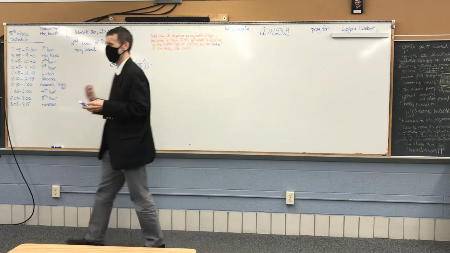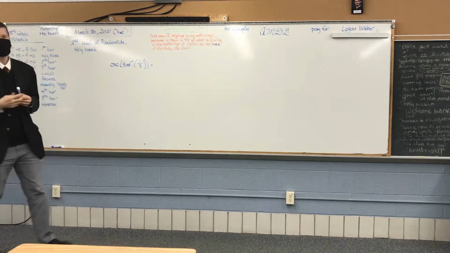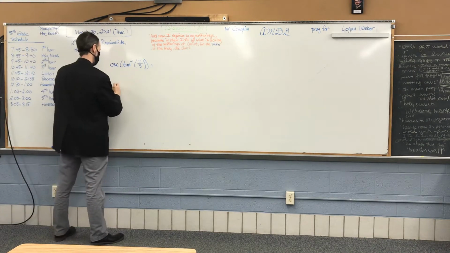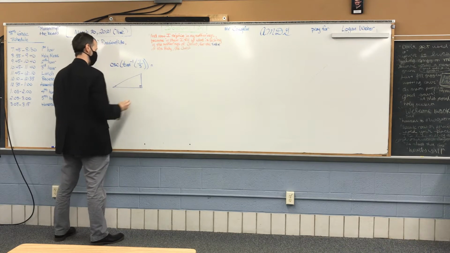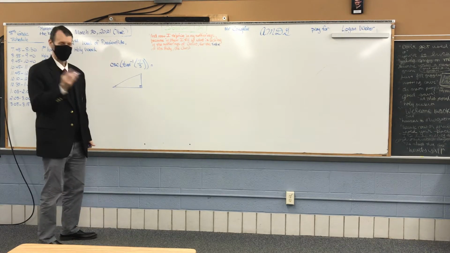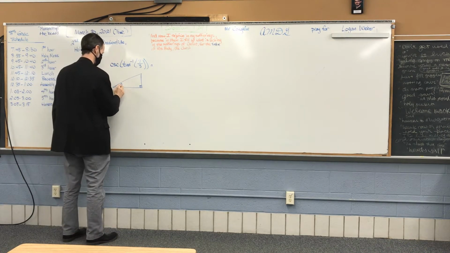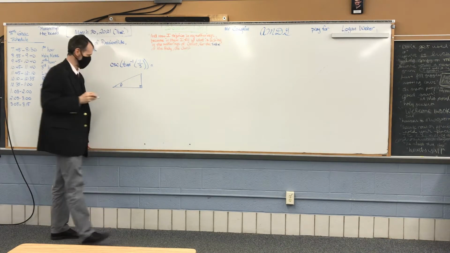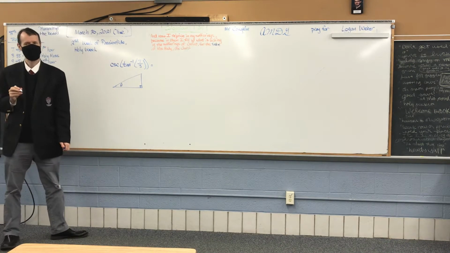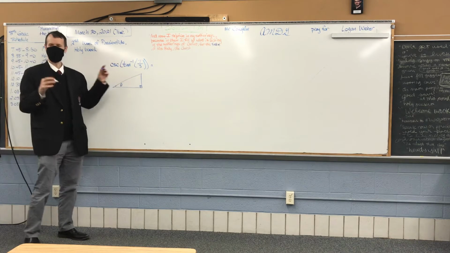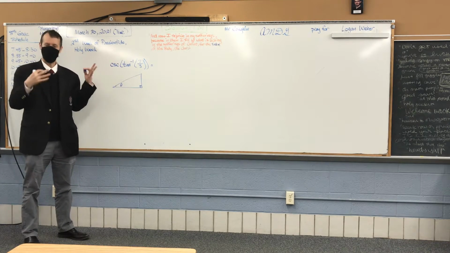Again, 95% of the time, you're going to draw a right triangle. So a right triangle. What do you do with the right triangle? Put theta somewhere. I like putting it on the left, but you can put it wherever you want. Now what? Tangent is what? Opposite over adjacent.